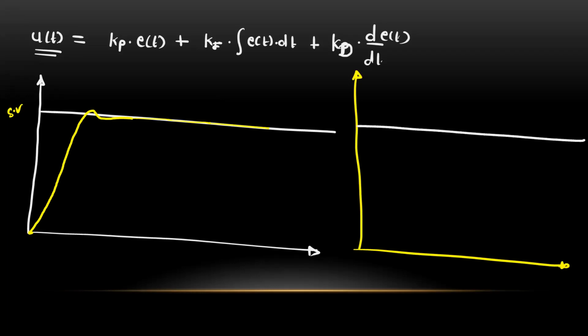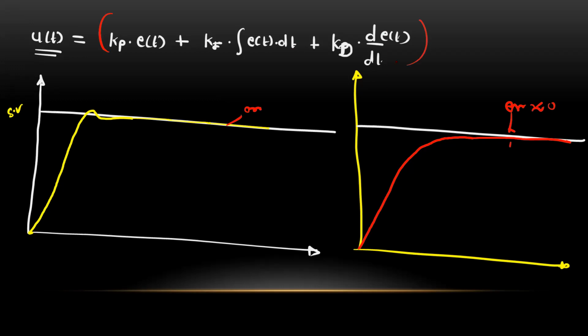If this is the set value, okay, so here error is approximately 0 for both the cases. Okay, there is no overshoot. Okay, and also there is no oscillation. So this is the combined effect of using all three controllers, proportional, derivative, and integral.